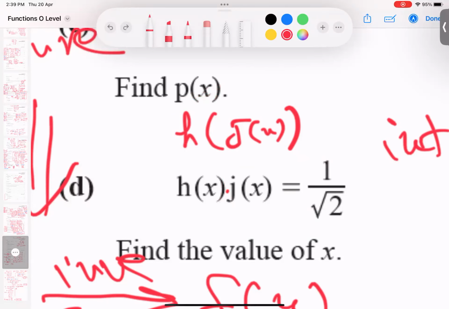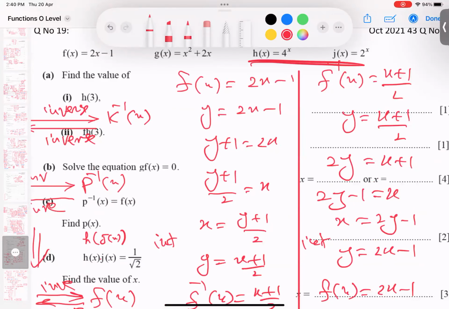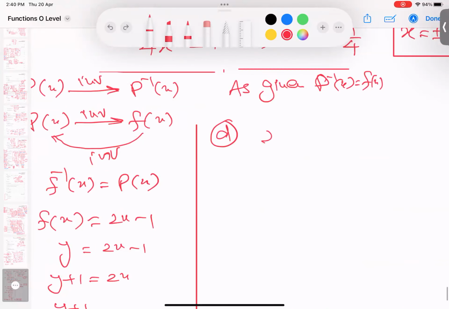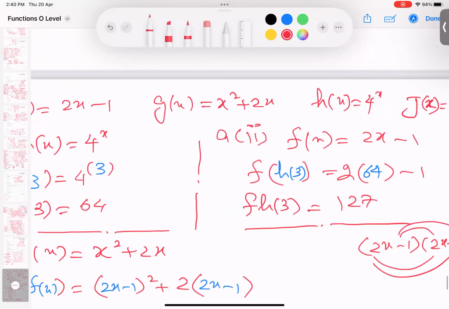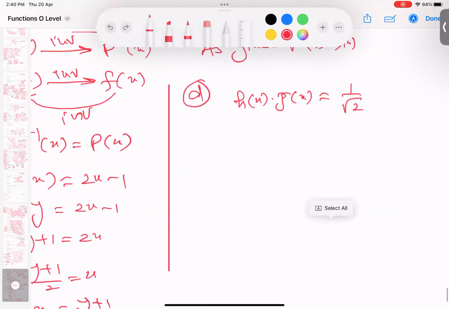So let's start with h of x and g of x. These functions will multiply. So first of all, I'm writing the question here: h of x times j of x equals 1 over root 2. Now I'm taking the functions from here, h of x is 4 to the power x and 2 to the power x. So here I'm writing 4 to the power x dot.